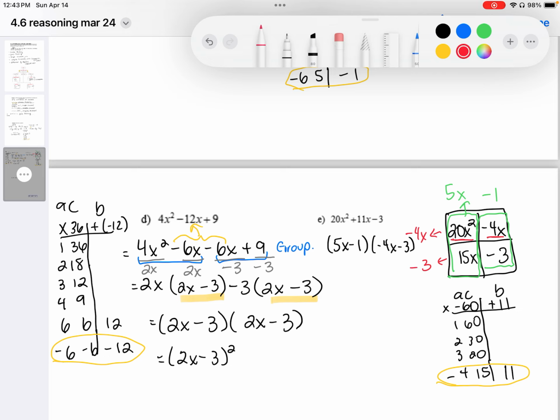That's probably easier. Okay, so we don't write the x term with negatives, so I'm going to put 4x plus 3. Quick check, 5x times 4x is 20x squared. 5x times 3 is 15x. Negative 1 times 4x is negative 4x. And negative 1 times positive 3 is negative 3. Okay, so that's going to work out.